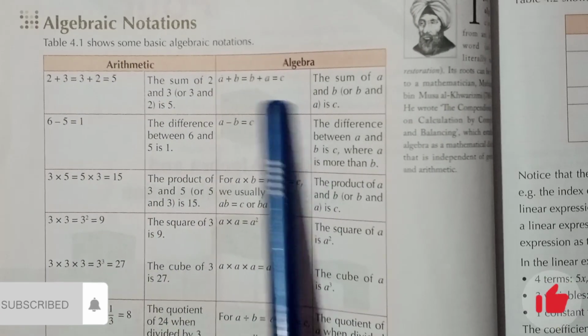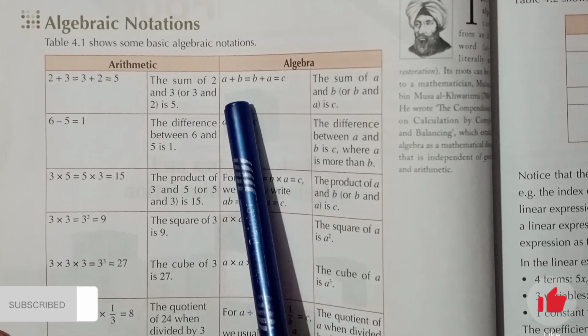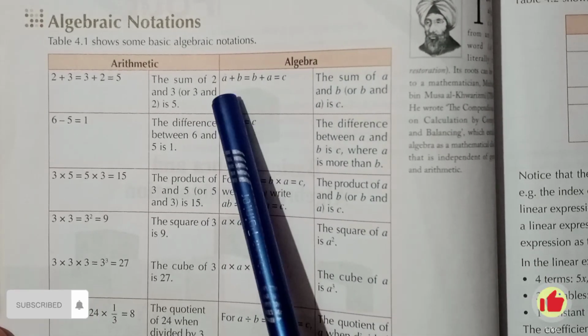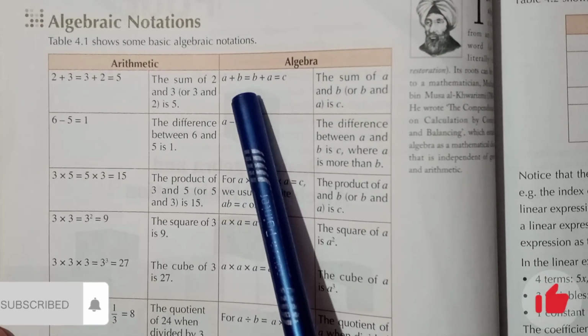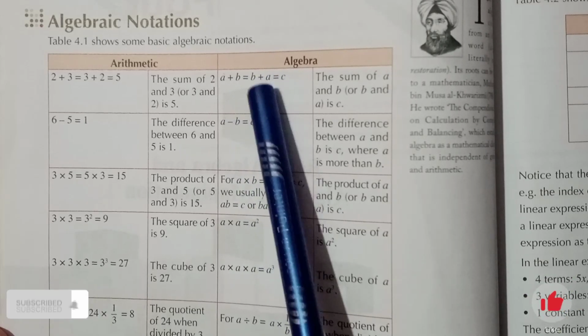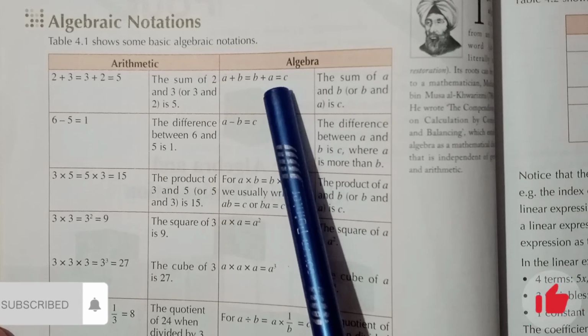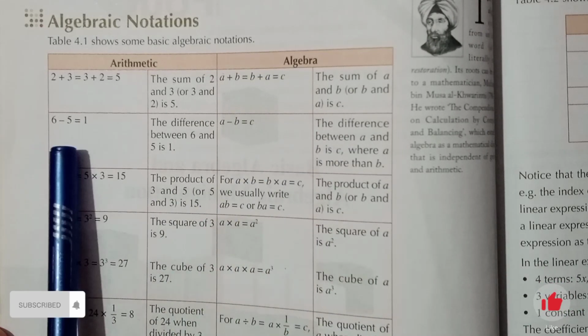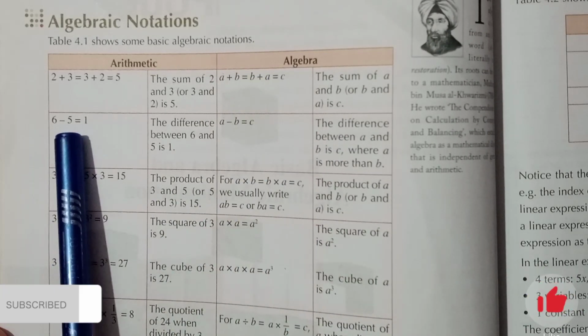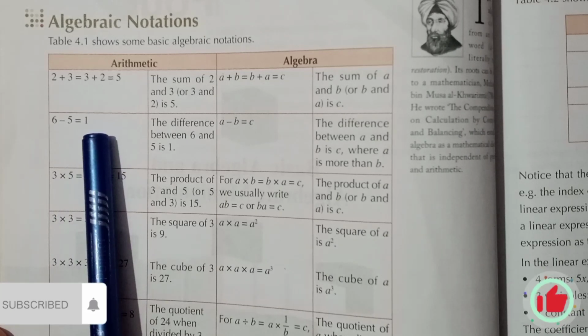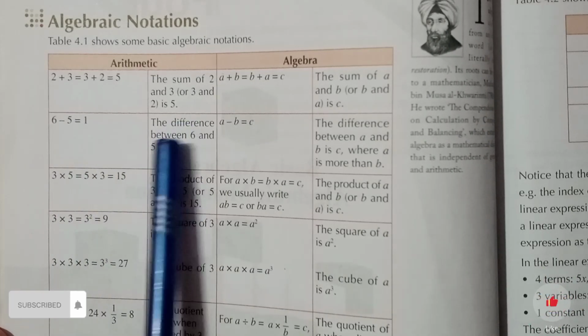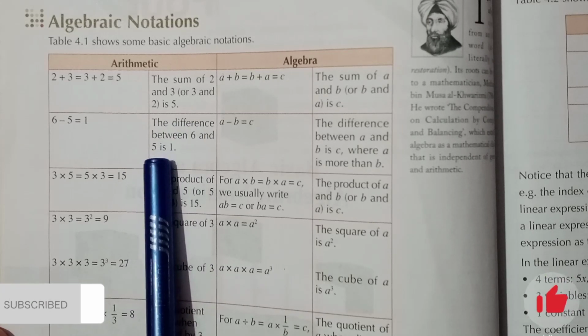In algebra, in the addition case, if we add the variables, a plus b is equal to b plus a. The sum of a plus b and b plus a is c. In the subtraction case, 6 minus 5 equals 1. It means the difference between 6 and 5 is 1.